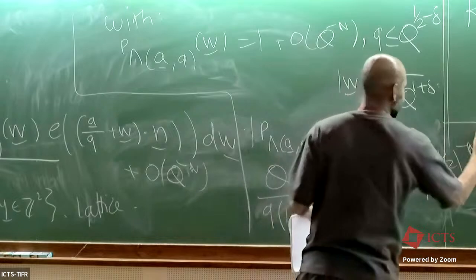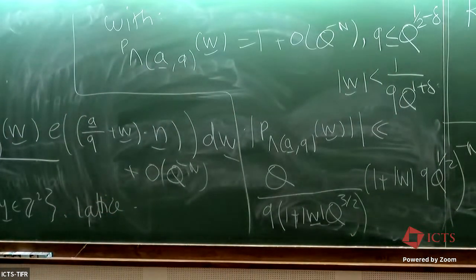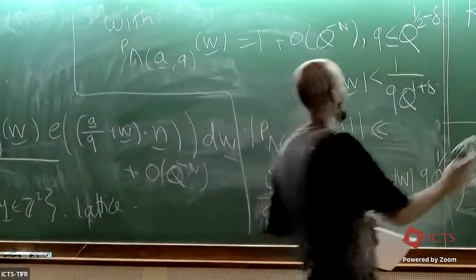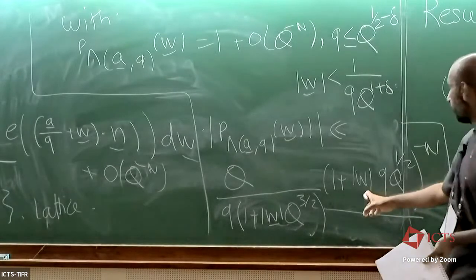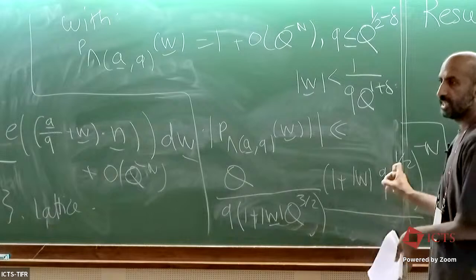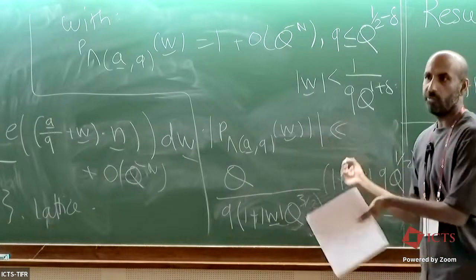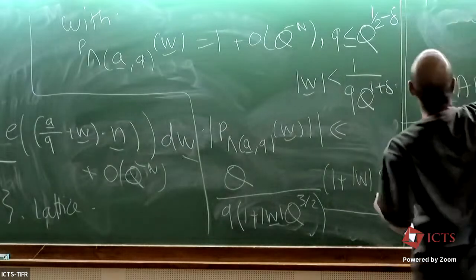So you have this decay property for these functions. If you look at this term here, it's saying that your function is supported in an interval of size 1 over q to the half, essentially. So these are exactly what you would expect if you wanted to use the Dirichlet approximation theorem.